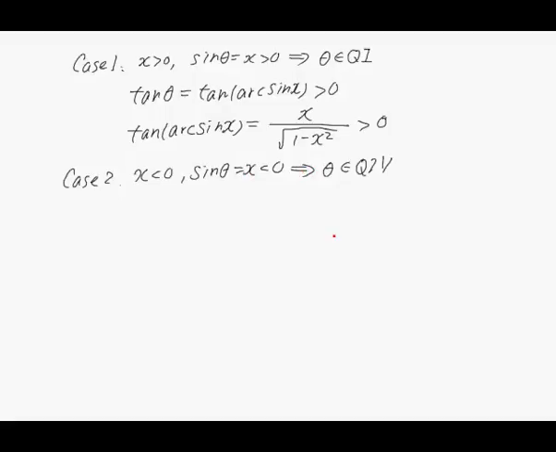Now in quadrant 4, we know tangent theta is negative, right? So the tangent theta, which is also the tangent of arc sine x, is negative.